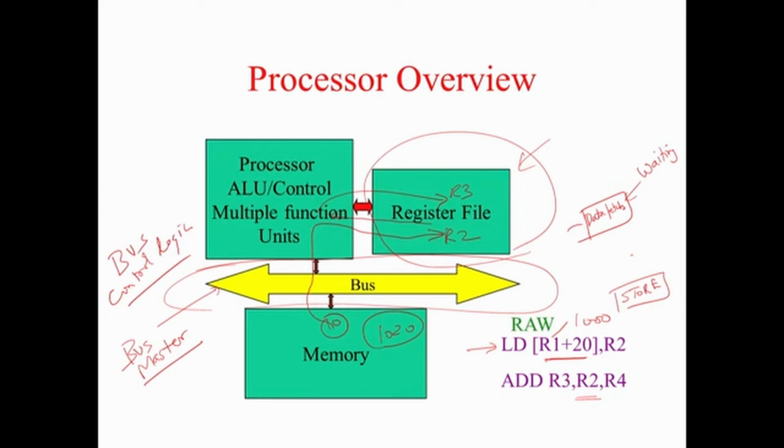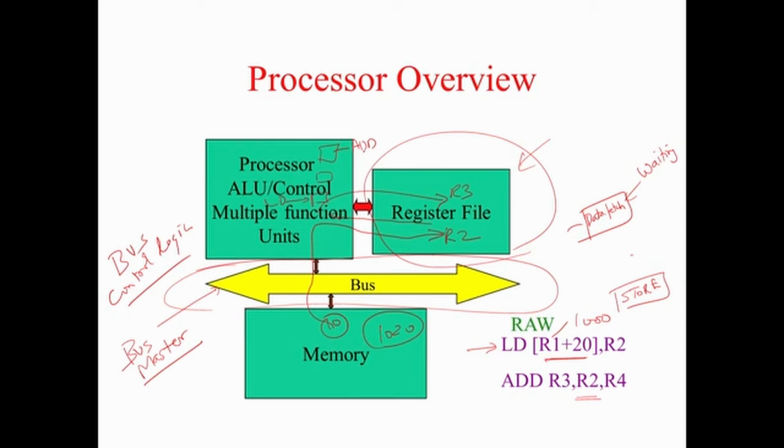How it is going to wait we will see, but the hardware will make it wait in the data fetch stage. While load is in the store result stage, the add will be waiting in the data fetch stage, correct. Now where is the data fetch stage? Inside the CPU, right, the pipeline is inside the CPU. So somewhere load is there while add is waiting here, correct.